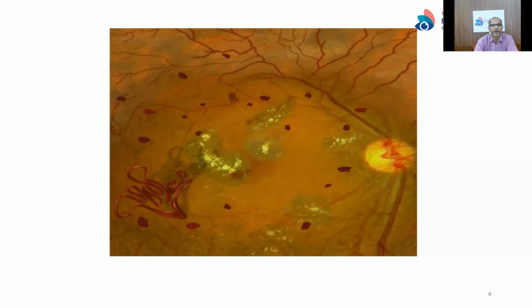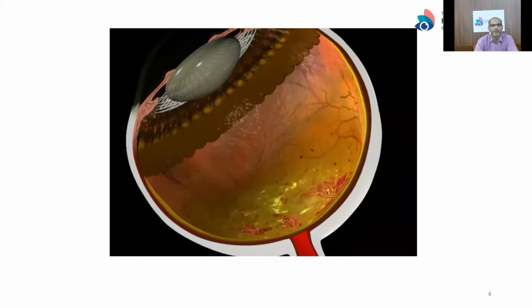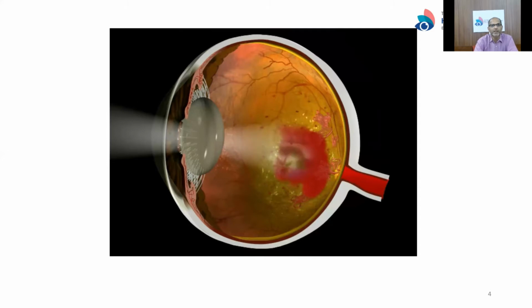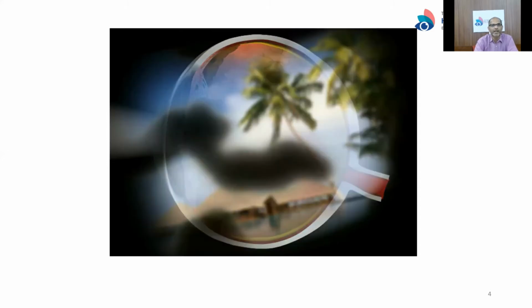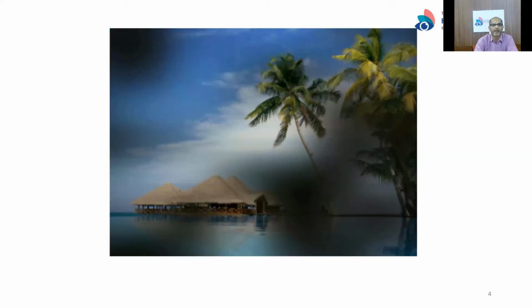there is a formation of new blood vessels in the form of neovascularization. These neovascularizations grow in the vitreous body, and because of the traction, these new vessels bleed, and there is a vitreous hemorrhage in the eye, which impedes the amount of light reaching the retina and leads to a positive scotoma in the eye.